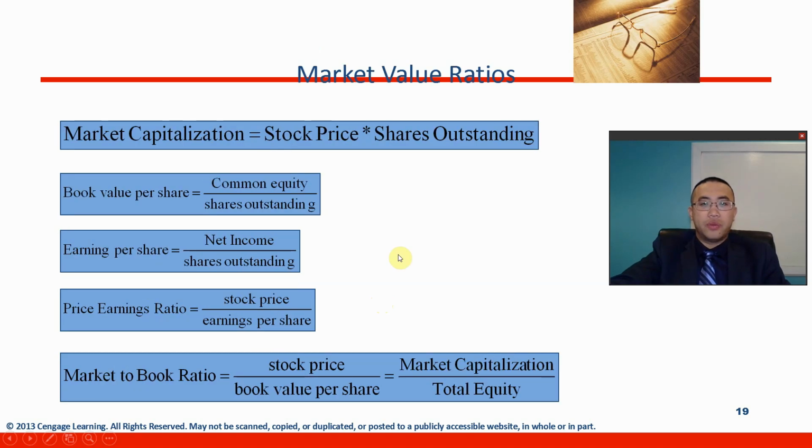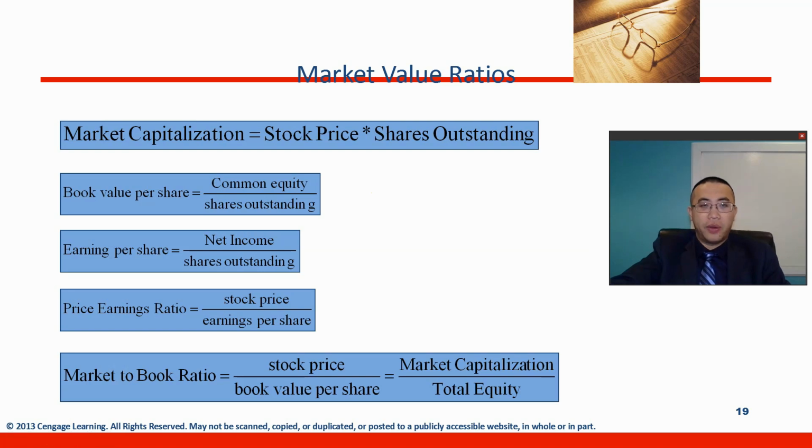You also have a ratio called the market value ratio, and it is derived from the stock prices on the exchange floor. The stock prices change from second to second.